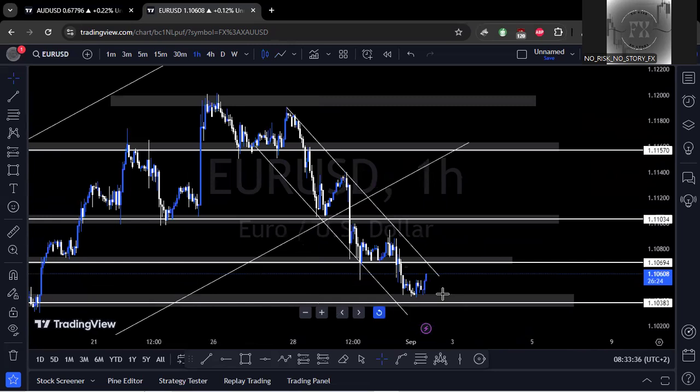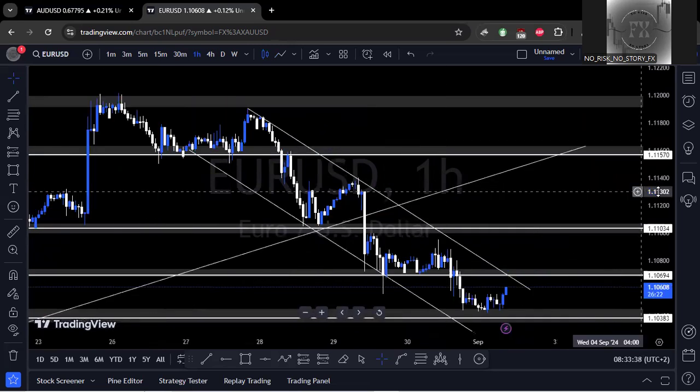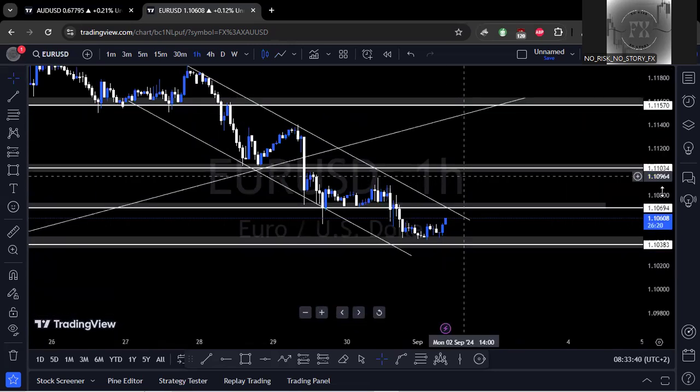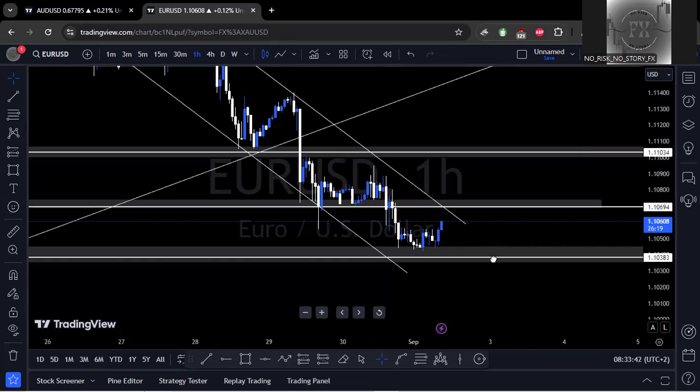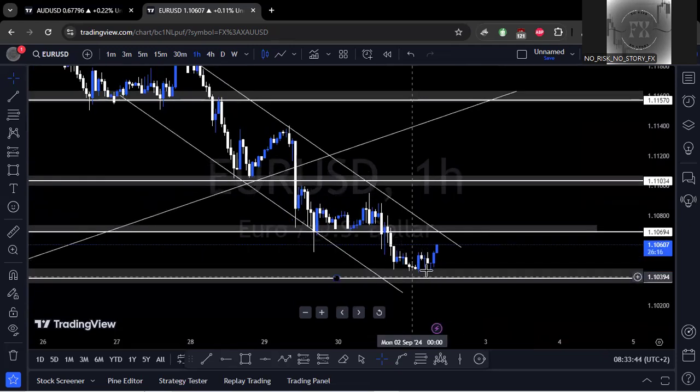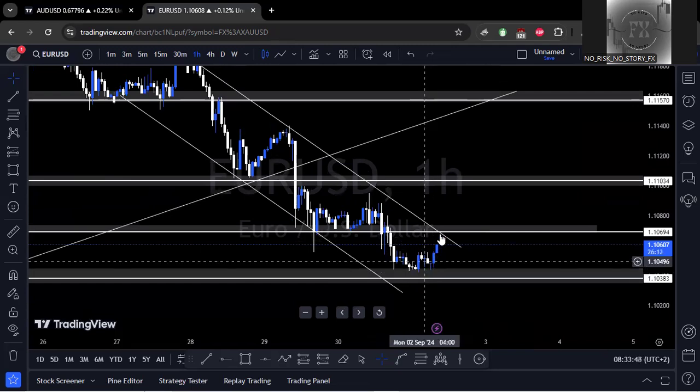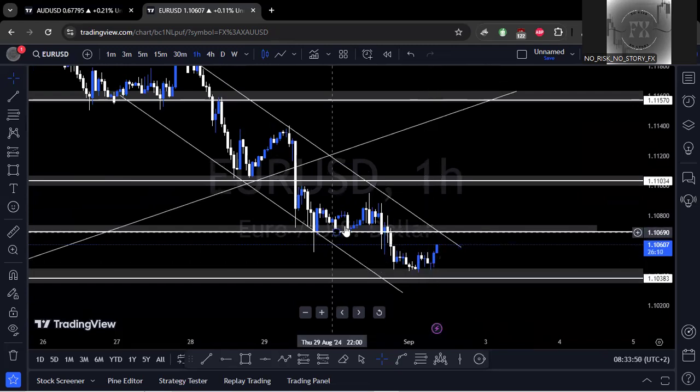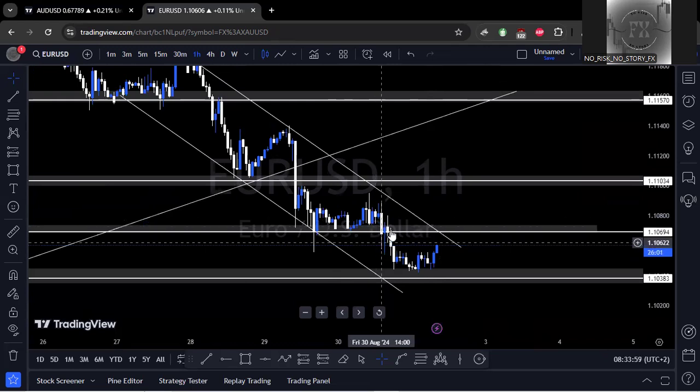So as you can see, guys, we are from the support, just from support going to the recent resistance, because as you can see here, the support broke and retested as resistance, right?